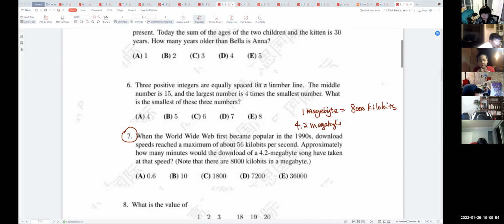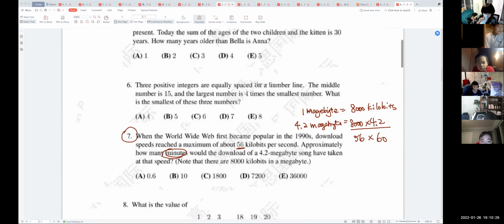And each second is 56. But don't forget, everybody, this is how many minutes. So we usually need to use this one: divided by 56 times 60, correct? So this question is just asking you the unit, right? So kids, calculate it and tell me the answer, OK?